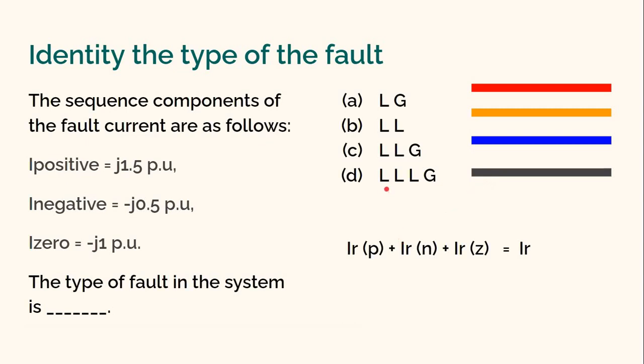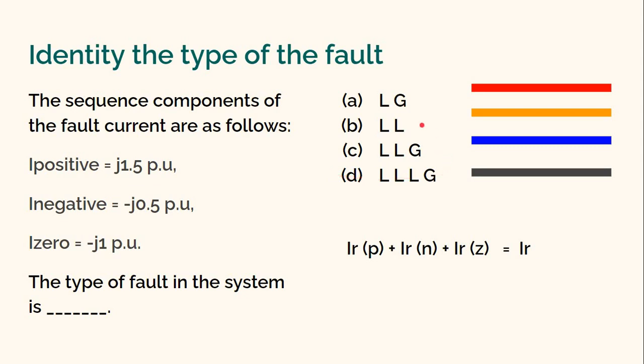Here, if it were a triple line to ground fault, you should see zero negative and zero sequence components. This is not the case here. So option D is ruled out.